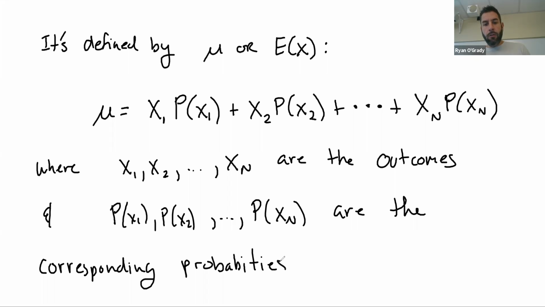So again, do not get overwhelmed with this yet. Do not try to memorize this formula. Just try to think about the pattern in the formula. And we're going to do an example in a second.